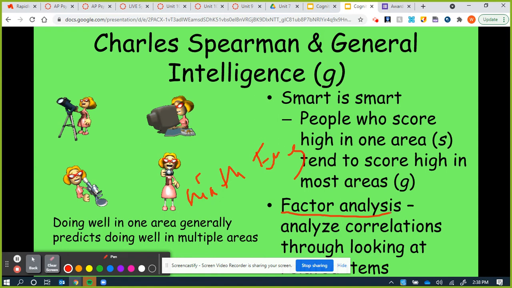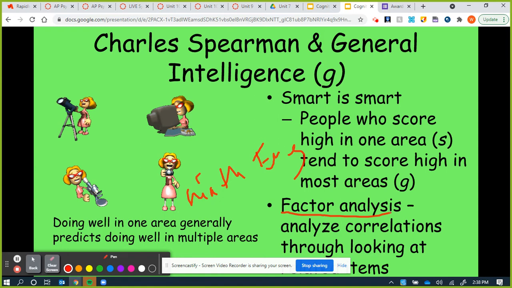Does how somebody answers this question predict how they're going to answer another question? By using factor analysis, they would find that generally, sometimes there was that overall G factor, which we could kind of equate with like IQ, sort of.